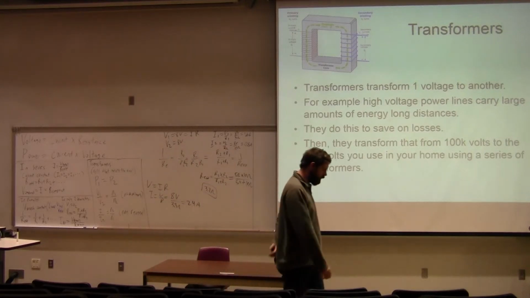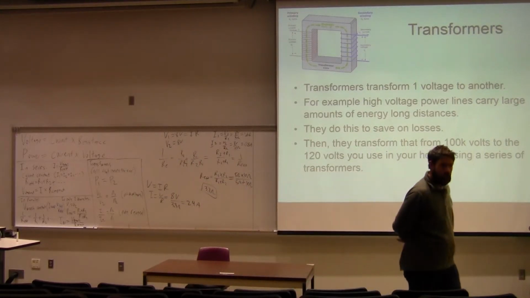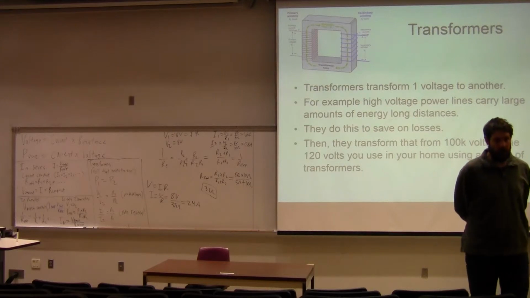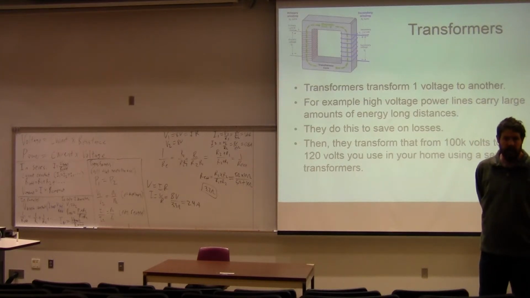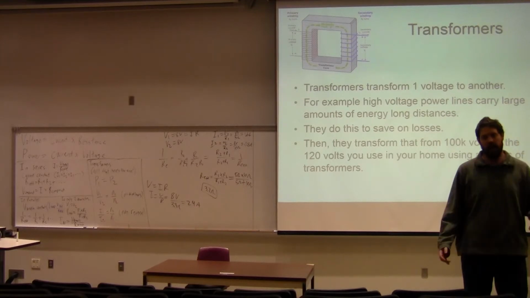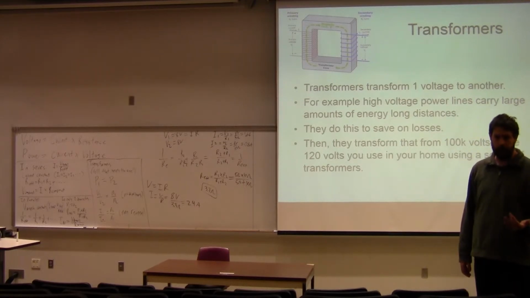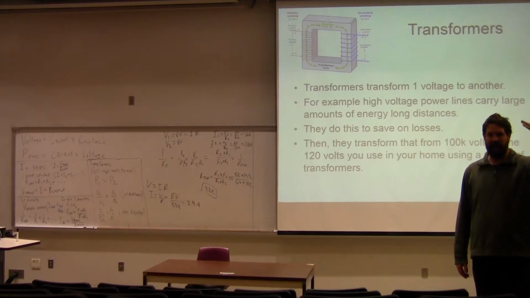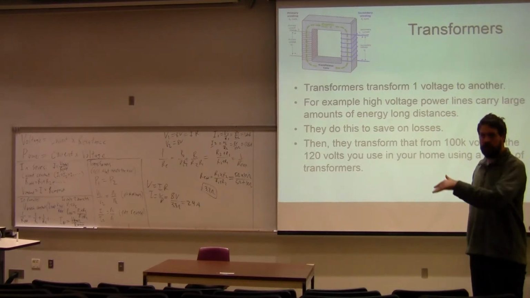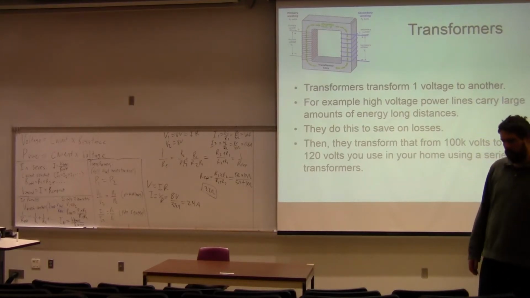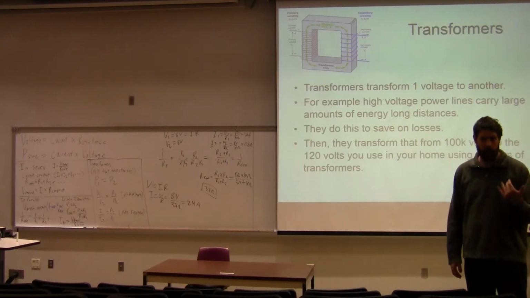Now, why would we want to change voltages? Well, it turns out the power loss along the power line depends inversely on the voltage. The higher the voltage, the lower the loss. So if you have a very high voltage and send it a long distance, you lose a lot less energy. If you have a low voltage, you lose the energy very quickly.